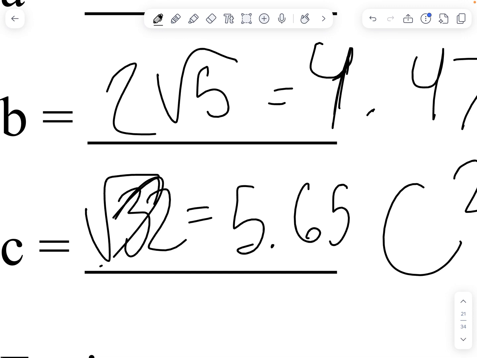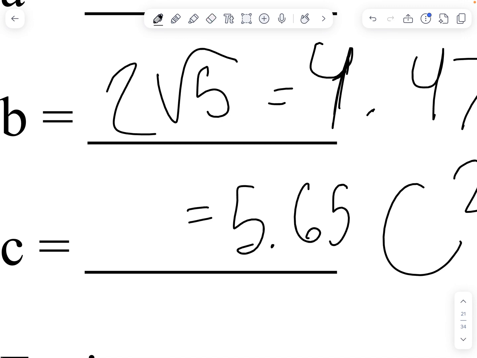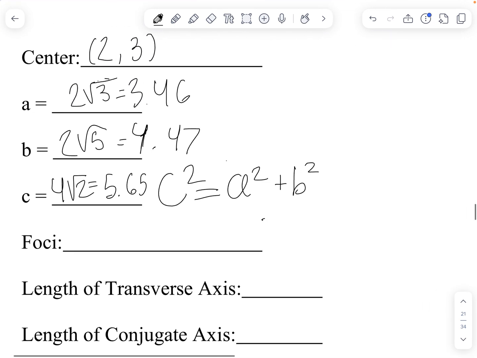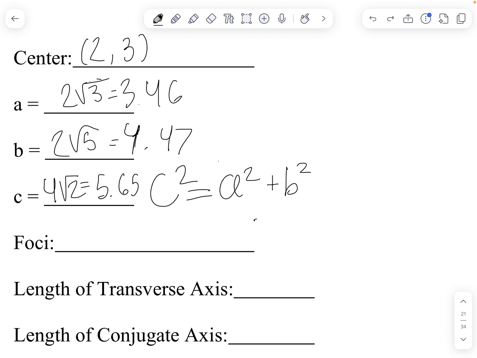And this does simplify. So this simplifies to 4 root 2. Okay, now we have enough to graph, so it's time to graph.